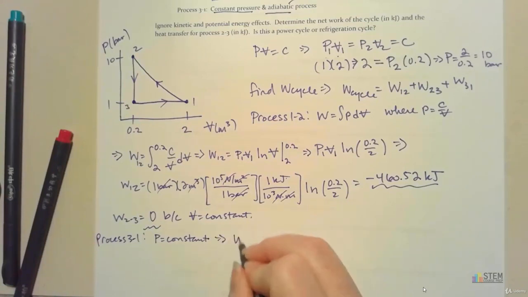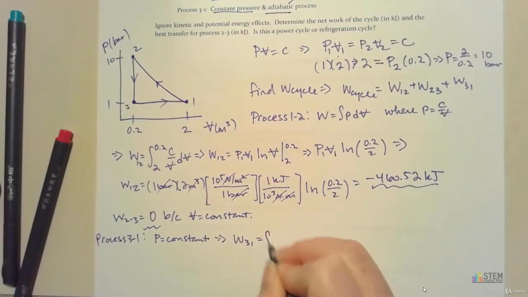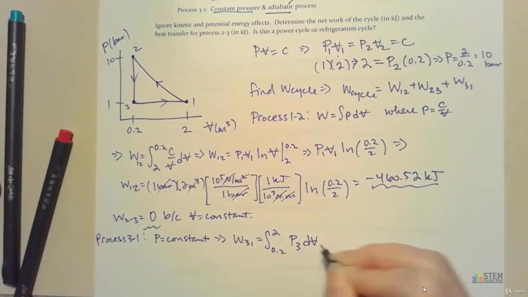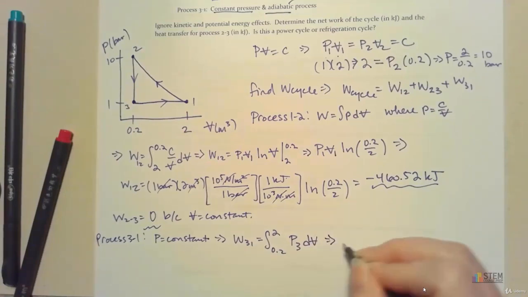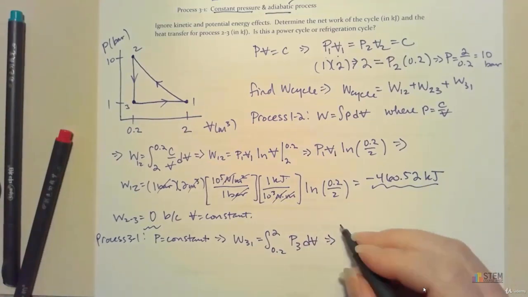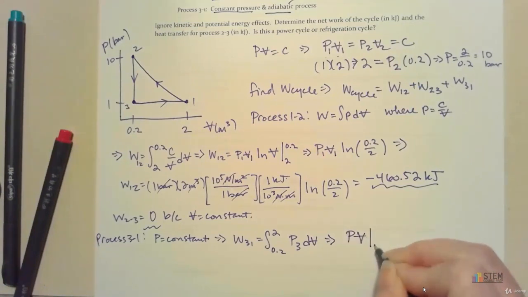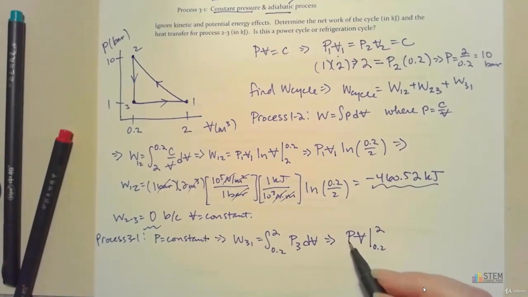So with that we can say work 3, 1 is going to be the integral from 0.2 to 2 of P3 dV. I'll plug in the number in just a second. So when you integrate this, you're going to get pressure times volume. Limits are 0.2 and 2. So P here is 1 bar.